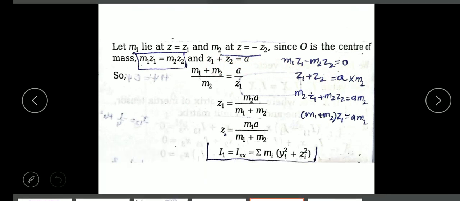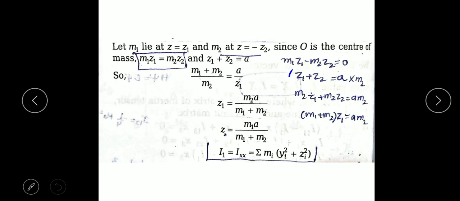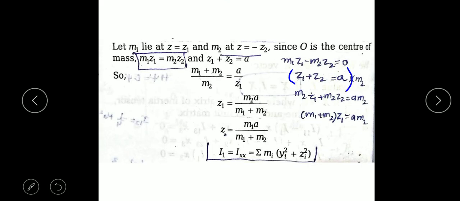Another form. From this equation, if we multiply both sides with m2, what we will get is m2 into z1 plus z2, that is m2 z1 plus m2 z2, and a into m2 is nothing but a m2.